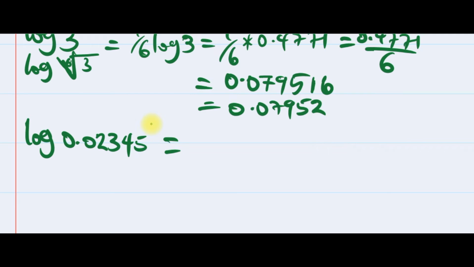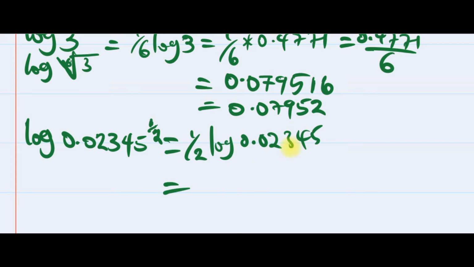I want to teach this: it is easy when it's a half, but if you are asked to find the nth root of it, it is harder. So we know this is now half log 0.02345, and we know that's it.